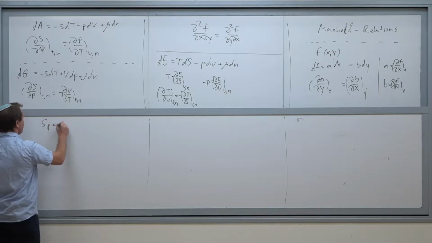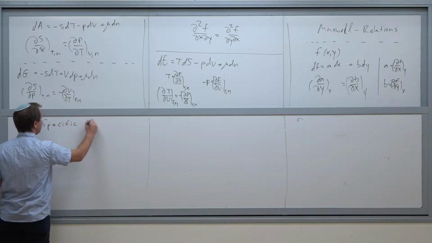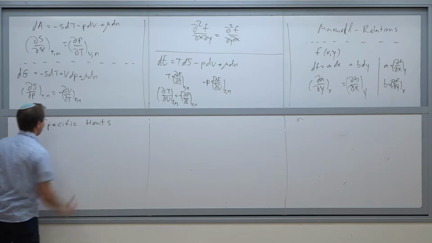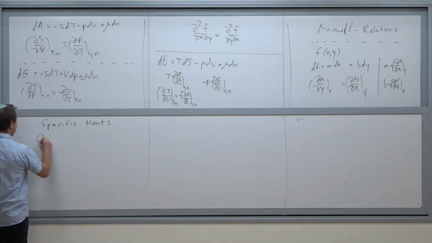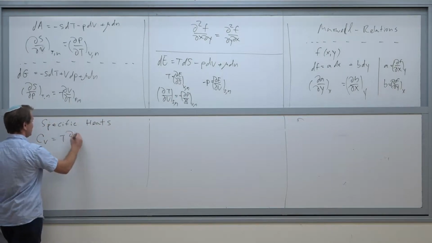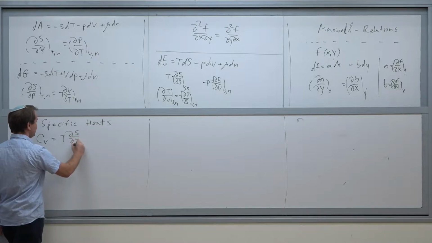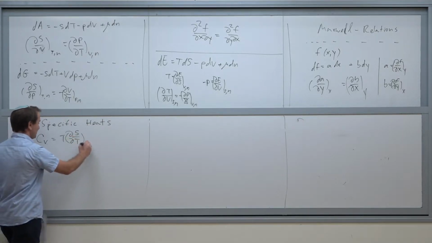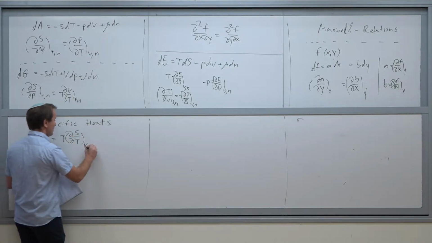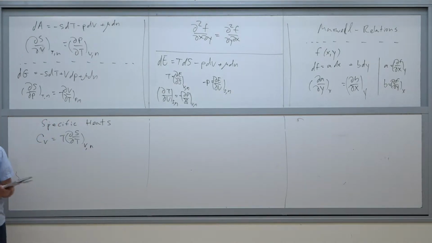So I'm back to my specific heat, and I know that CV equals T dS/dT while keeping V constant and the number of particles, or number of moles, constant.